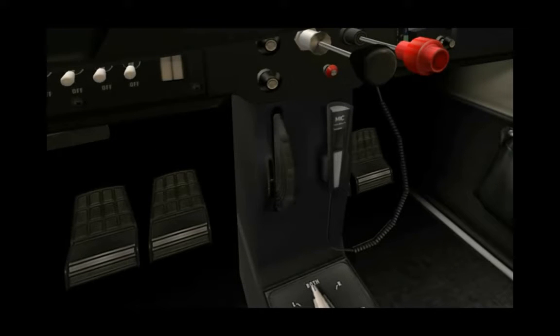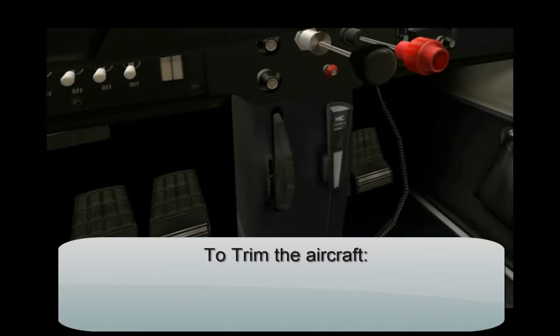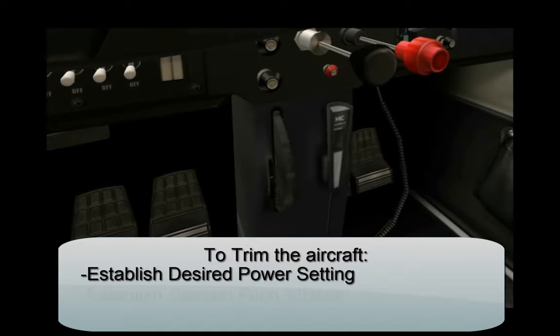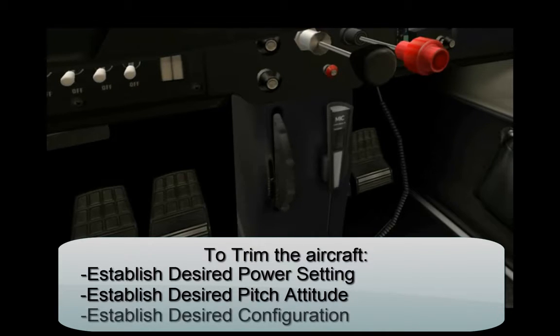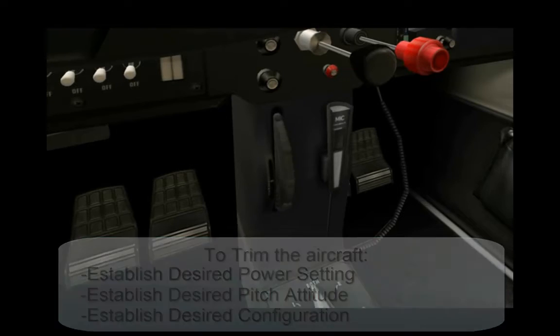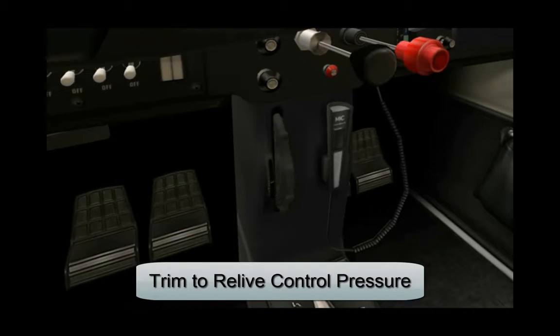In small aircraft, they are usually manually controlled by a small vertically mounted control wheel. The wheel moves the trim tab on the elevator, causing the plane's nose to pitch up or down. The pilot usually establishes a desired power setting, pitch attitude, and configuration, and then trims the controls to relieve the pressure required on the controls.